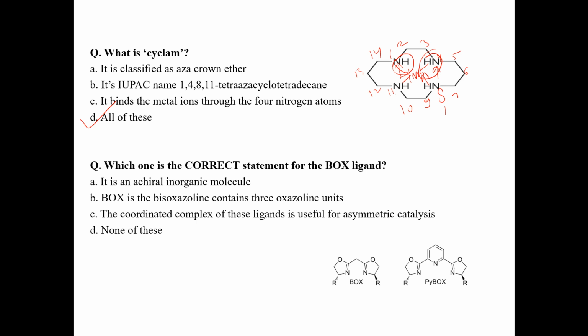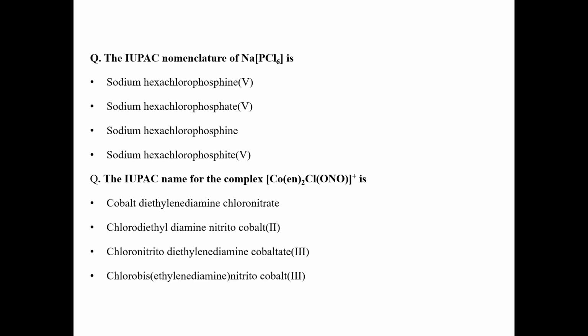The coordinated complex of this ligand is useful for asymmetric catalysis. It is not achiral; basically, it is a chiral molecule. So the coordinated complex is very useful for asymmetric catalysis.